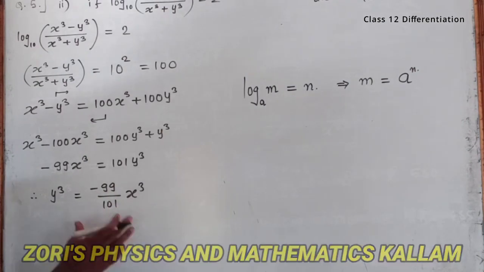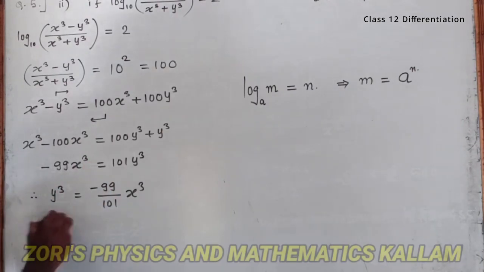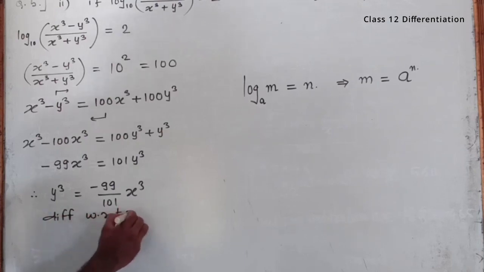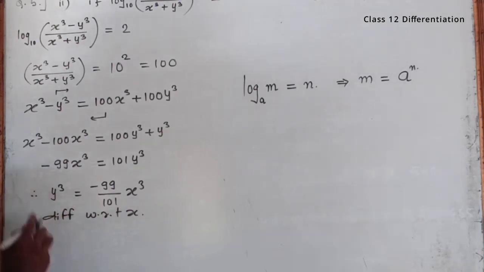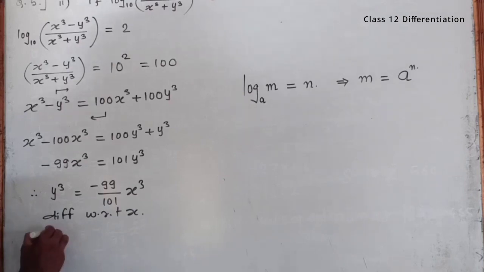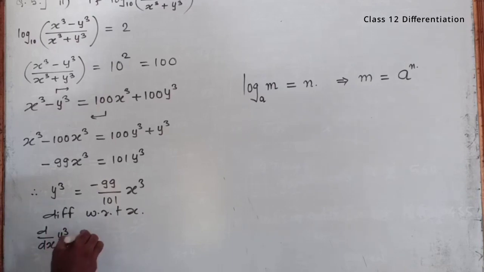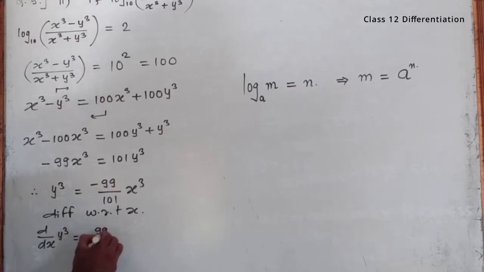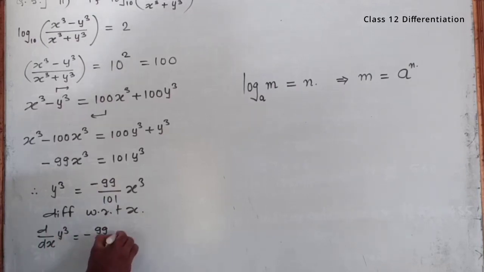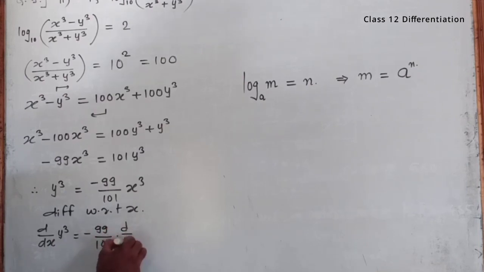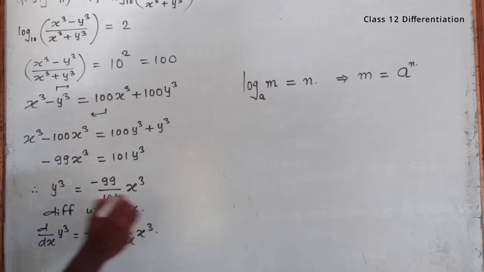Now at this step we have to differentiate this. So differentiate with respect to x. So the derivative of this part: first we write d by dx of y cube is equal to minus 99 upon 101 into d by dx of x cube.